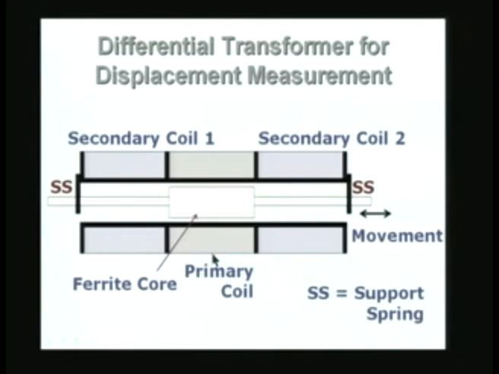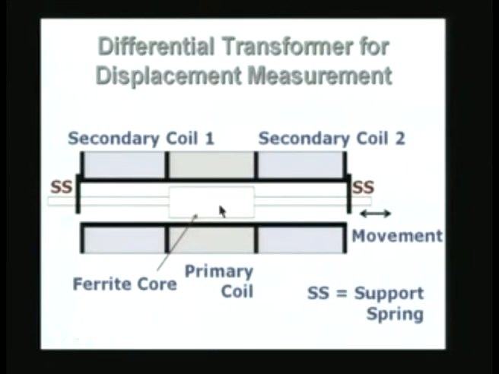Suppose I give an AC, alternating current, to the primary coil. The two secondary coils are going to generate alternating current voltages, and if the ferrite core is moved to the left, there will be more coupling between the central coil and the secondary coil here, so that this will generate more voltage and this will generate less voltage.